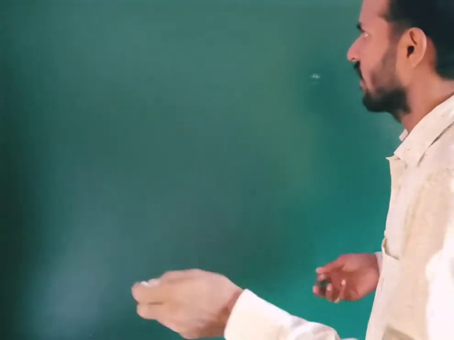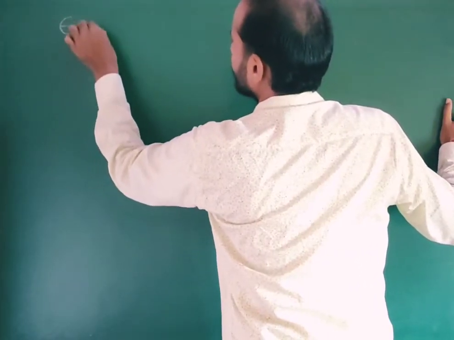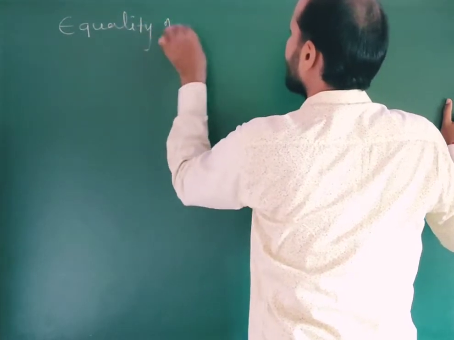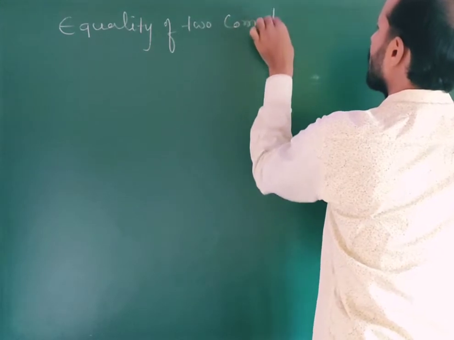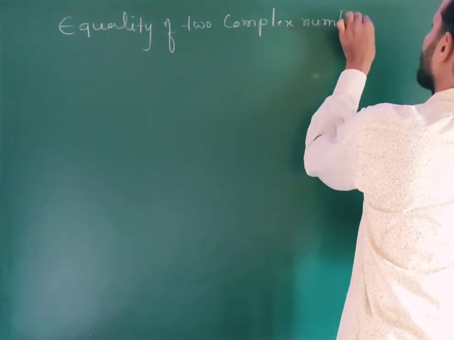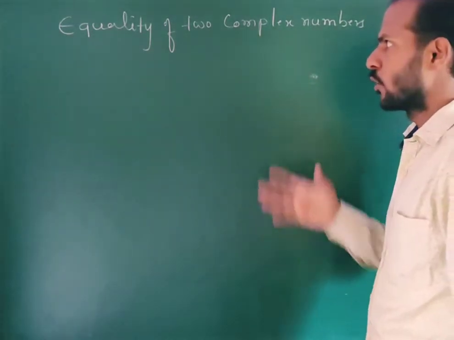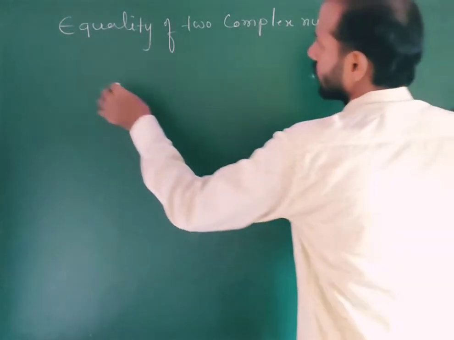First we will see the definition: equality of two complex numbers. When are two complex numbers said to be equal?